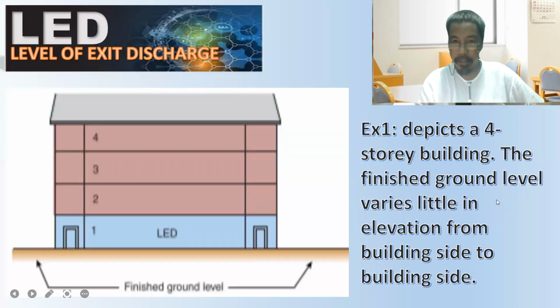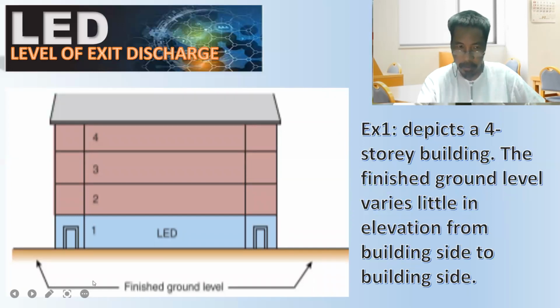And let's have an example. Number 1. This picture depicts a 4-story building, meaning there are 4 floors. This is the finished ground level, as the arrow indicates.